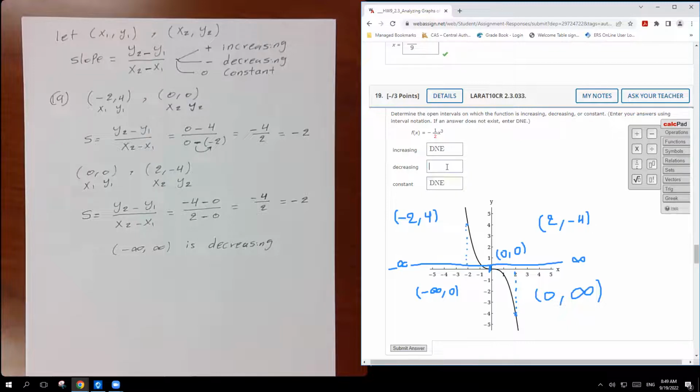And on this side, we have to write down interval notation. Let's see, where is the infinity? Here is the infinity. So you're going to go to symbols, and here is the infinity. So the first thing is negative infinity, comma, positive infinity. So this is the solution for this graph.